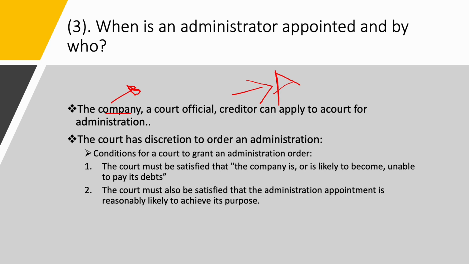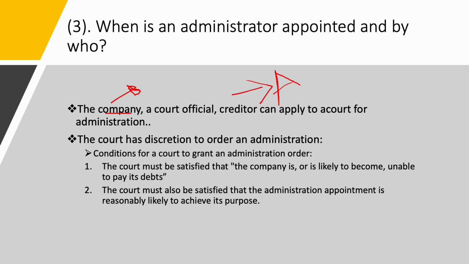Now, for this administration order to be granted, the court will need certain conditions to be met. One of them is that the court must be satisfied that this company is unable to pay its debts as they fall due, or is likely to become unable to pay its debts as they fall due.